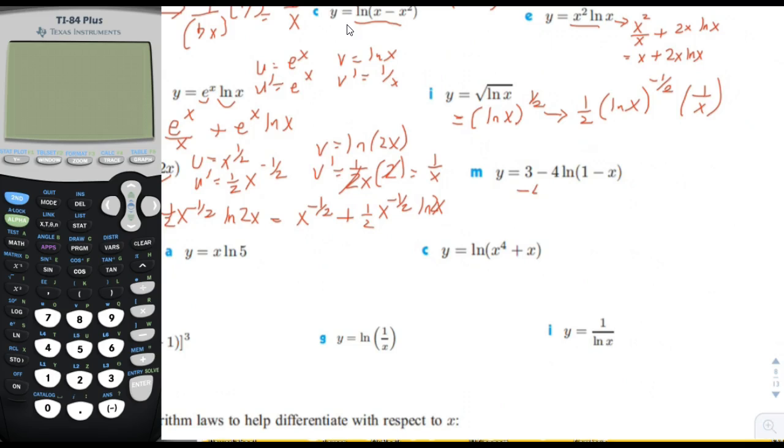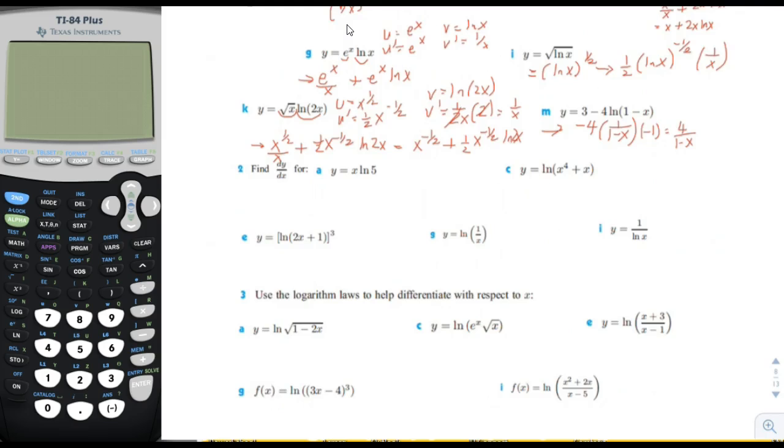Derivative of negative 4 natural log of 1 minus x is going to be 1 over 1 minus x, and then we take the derivative of the 1 minus x, which is the inside part of natural log, and we get negative 1. So we can simplify that, multiply negative 1 times negative 4, we get 4 over 1 minus x. That's it.